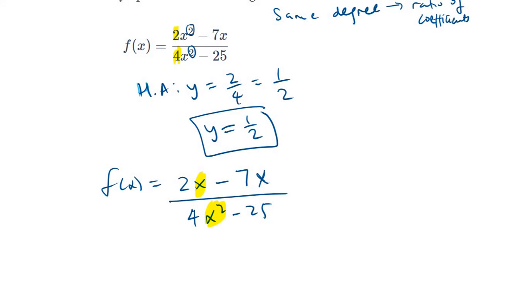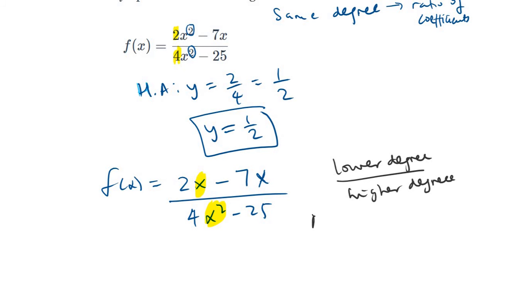So whenever you have a lower degree divided by a higher degree, then the horizontal asymptote is always y equals 0. So for this case, it will be y equals 0.